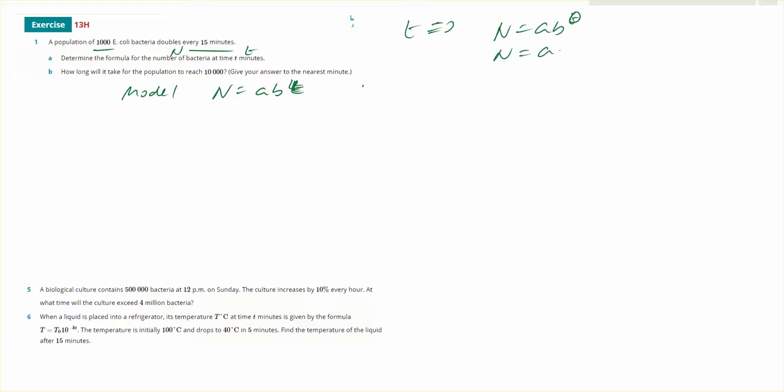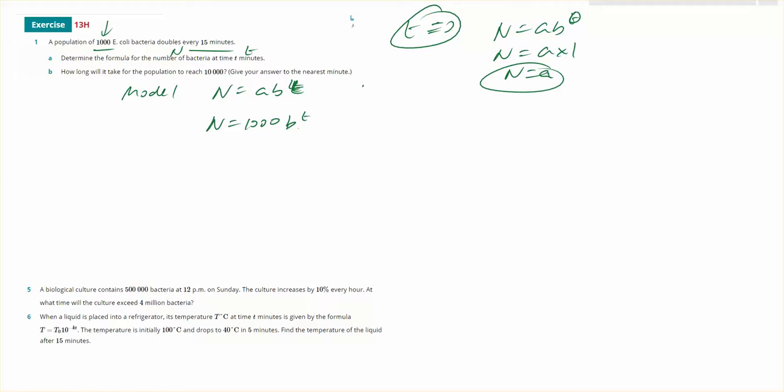Anything to the power 0 equals 1 except 0, but that's just a special case. So we get n equals a. So at t equals 0, n equals our initial population, which happens to be 1,000 in this case. So n equals 1,000 b to the t.